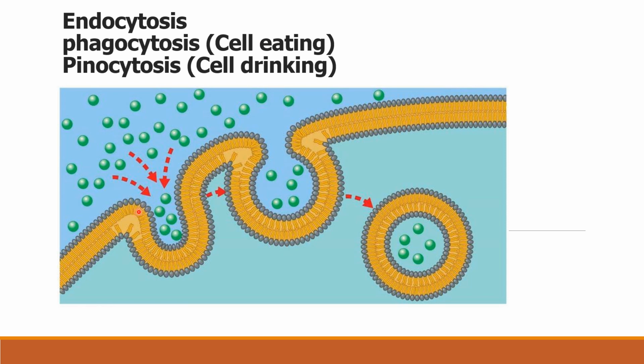You can see that the plasma membrane starts to dip inwards. The molecules get into that part of the plasma membrane that's now dipping, and the plasma membrane keeps folding around those molecules, and part of it gets pinched off, and those molecules are now inside of the cell.